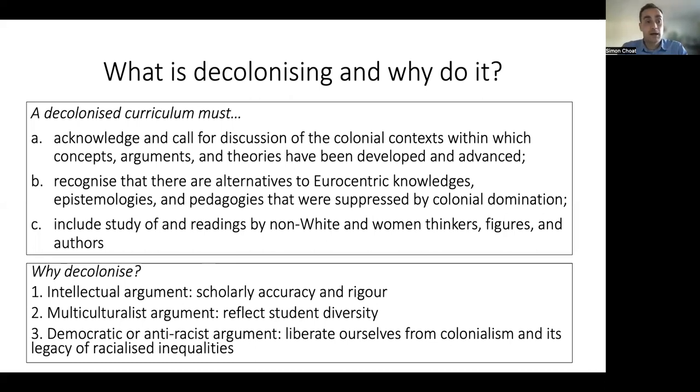But calls to decolonise forms of knowledge, discourse and culture are much more long-standing and can be traced back at least to the post-war anti-colonial movements. So Fanon, for example, argues that the forms of knowledge that hold colonial power structures in place must also be dismantled.